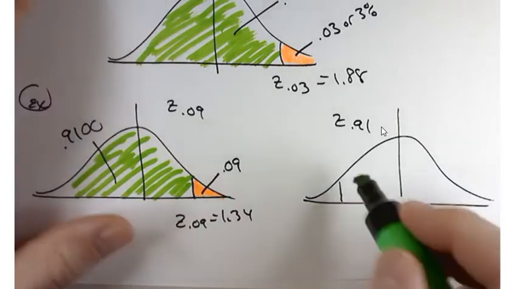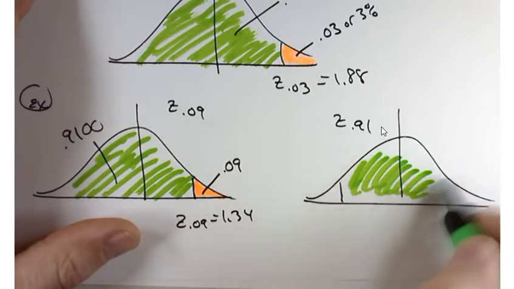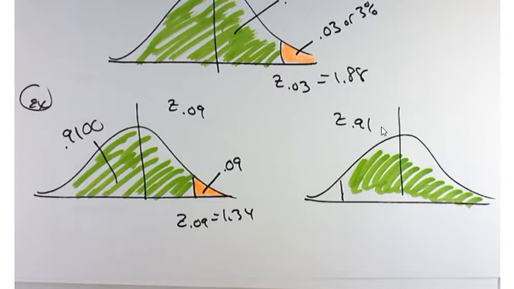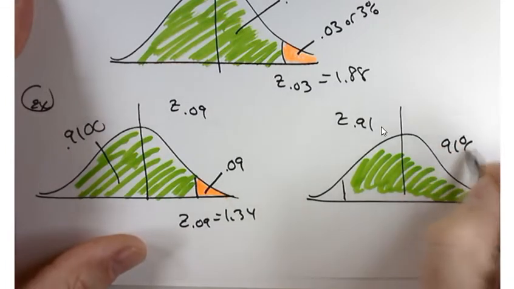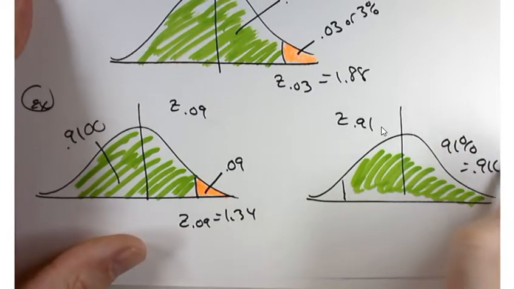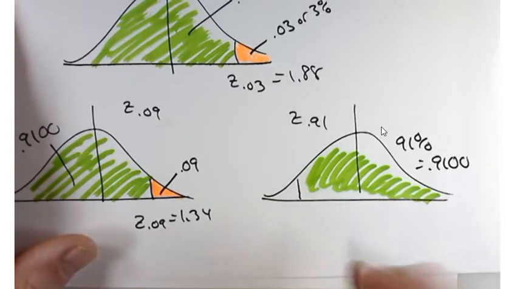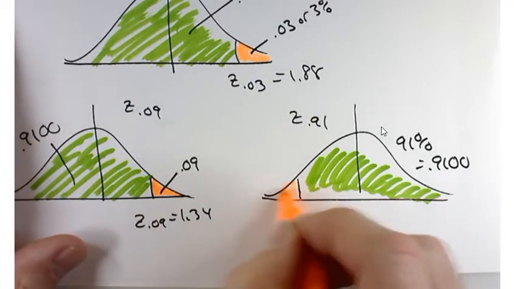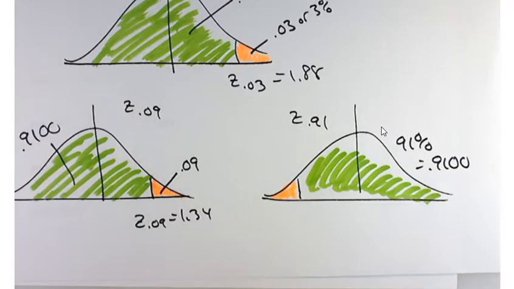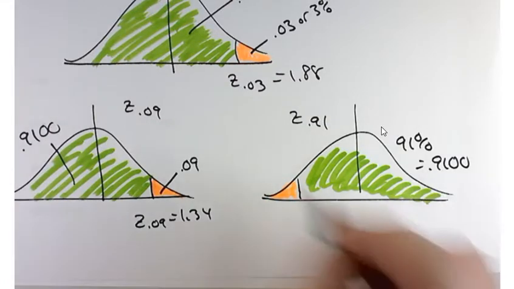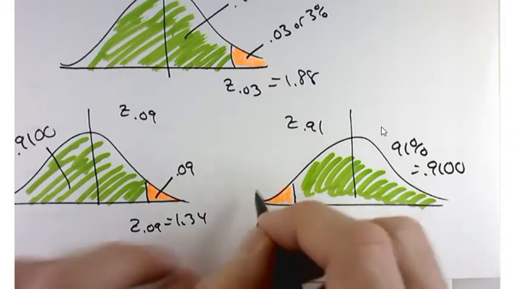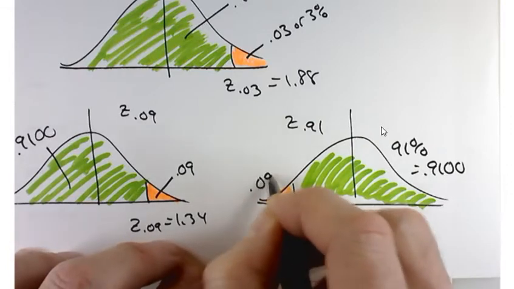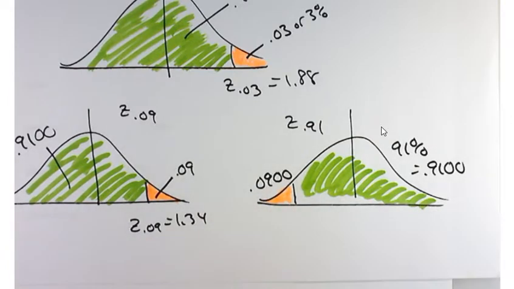So that's this area over here is 91%, or 0.9100. What's that leave for the left tail then? If this is 91%, then this is 9%, 0.0900, 9%.